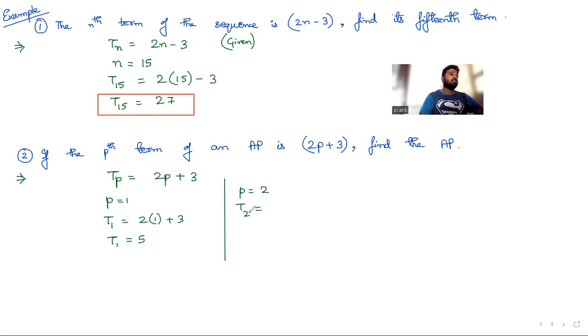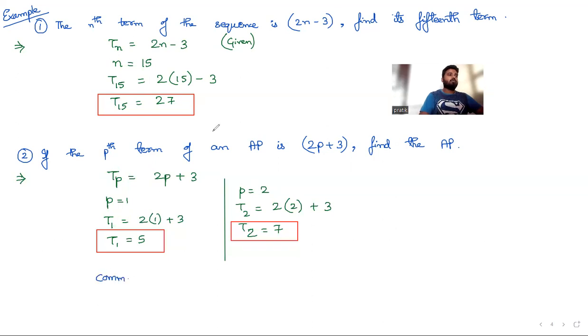Why do I get two consecutive terms? Because if I subtract the two, I'll get my common difference. And T1 is basically the first term, that is my first AP term, the first term in the sequence. So 2 into 2 plus 3, that is 4 plus 3, so T2 is basically 7. So I have T1, my first term, and the second term, T2. Now when I subtract the two, I'll get my common difference.